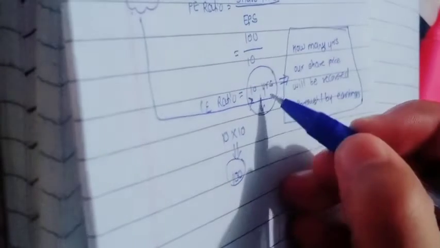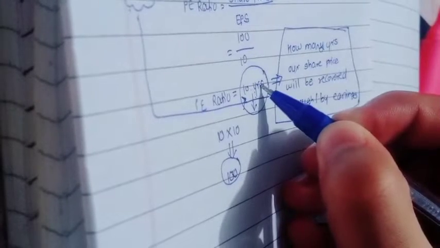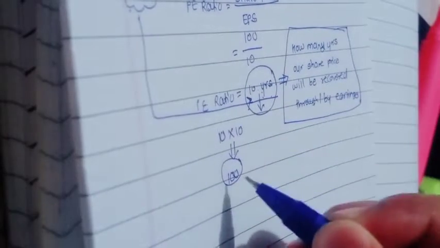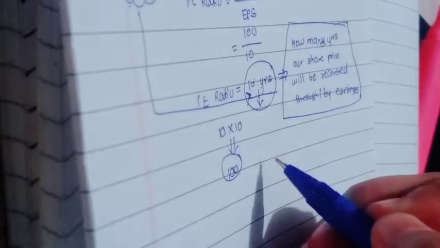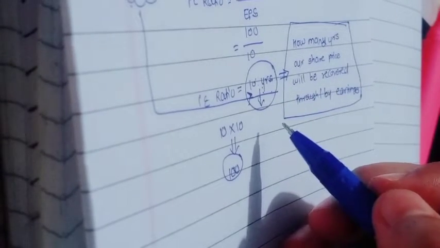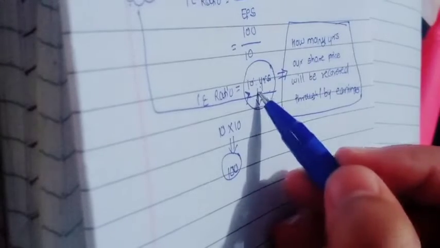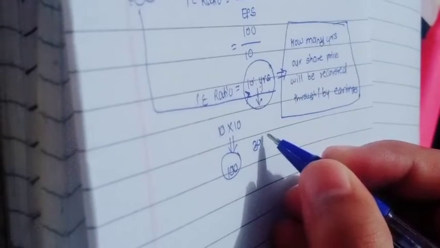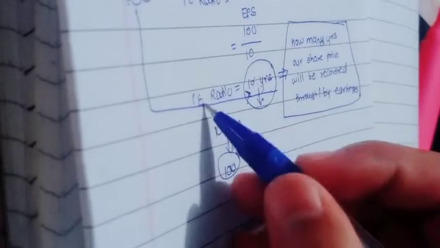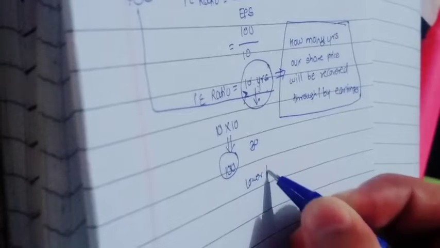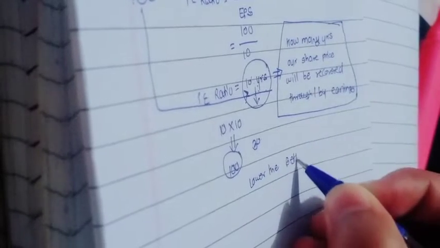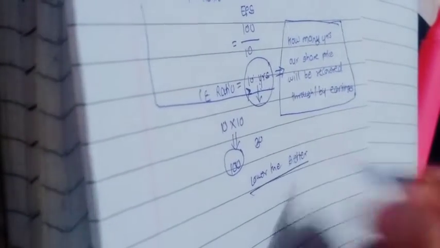So for this period, the lower the better. The PE ratio, the lower the better, is good for us. When the PE ratio is lower, we can say that the share is undervalued, and when the PE ratio is higher, let's suppose 30, then the stock is overvalued.